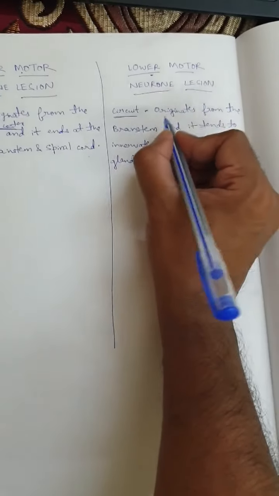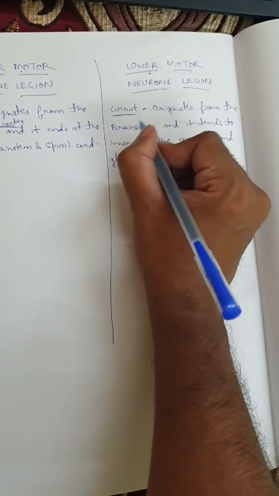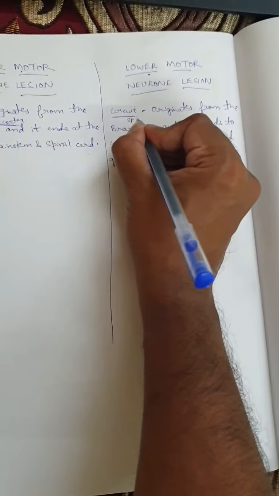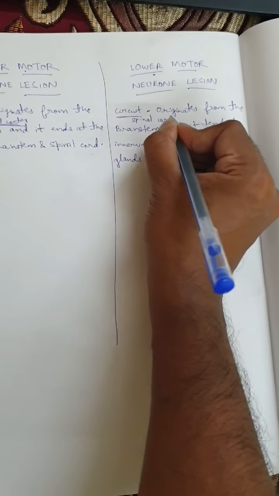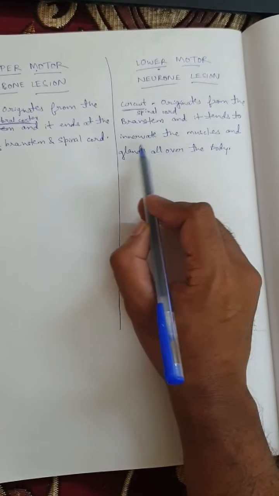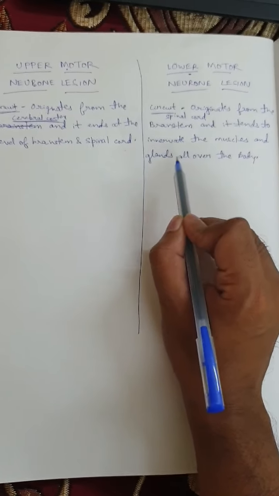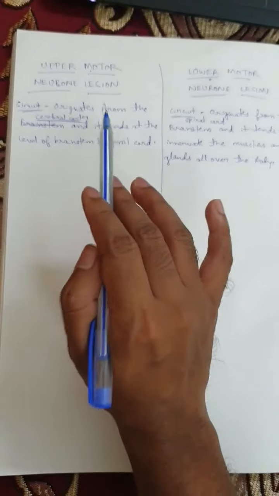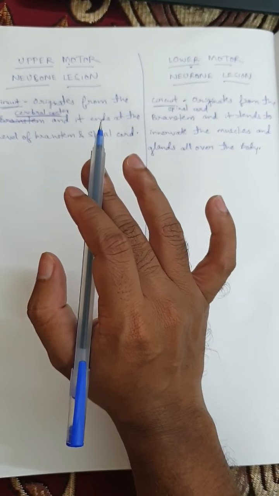Now basically it originates from brainstem or the spinal cord. Okay, these are minor additions. It originates from the spinal cord, and it tends to innervate the muscles and glands all over the body. So now you are clear with the circuit.